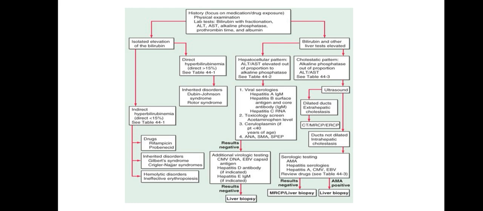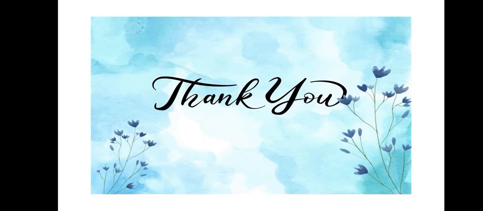Here we have to take ultrasound to distinguish between extrahepatic and intrahepatic. In intrahepatic, there will be no duct dilation. We can do autoantibody screening and review drugs. And for extrahepatic cholestasis, we have to do CT, MRCP or ERCP to find the site of obstruction.